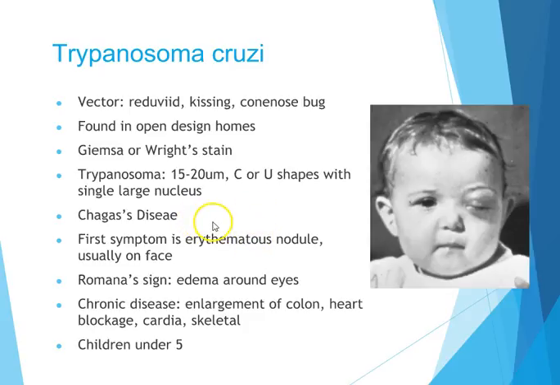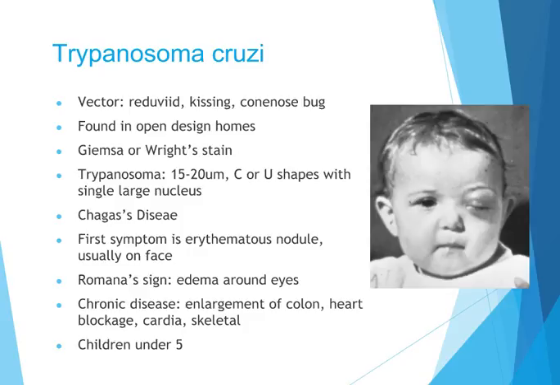Okay, this is cruzi. It's seen in South America. It's transmitted by the Reduviid bug, the kissing bug, and the Conenose bug. And these are usually found in open designs of homes.